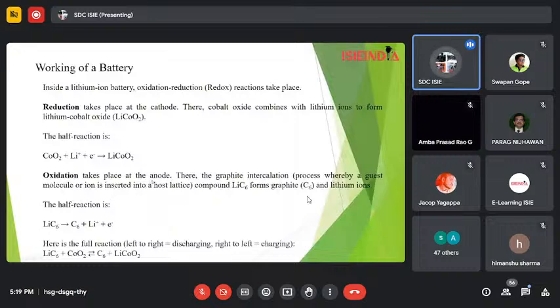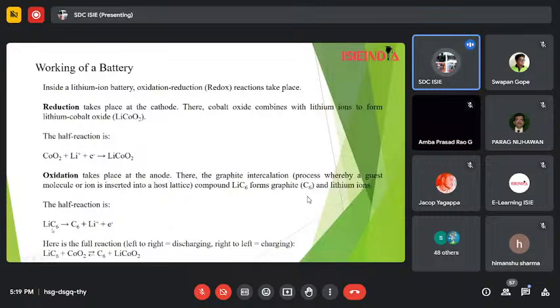And the oxidation will take place at the anode. At the anode, the oxidation will take place. And here is the graphite intercalation, I just told you before, the intercalated layer. In this intercalated layer, the molecules or the ions will be inserted or stored, and they will form the lithiated carbon.